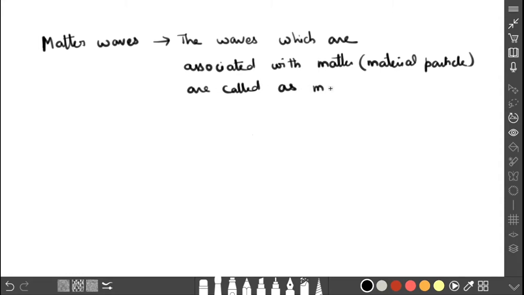So the particles also have wave nature, and this is the de Broglie hypothesis.